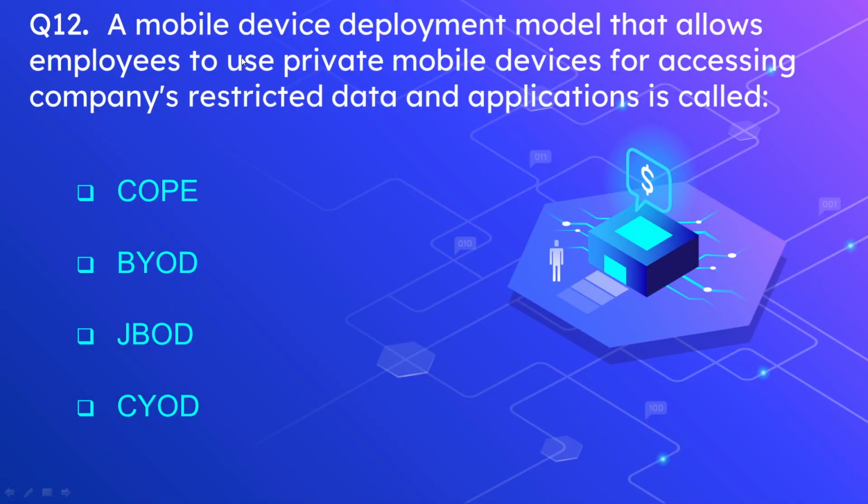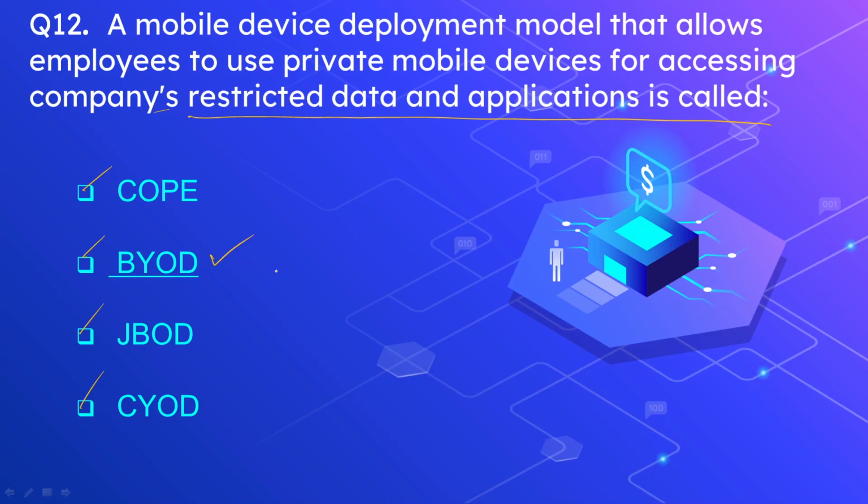Question number 12 is that a mobile device deployment model that allows employees to use private mobile devices for accessing companies' restricted data and applications is called, and the options are COPE, BYOD, JBOD, or CYOD. And the correct option is BYOD.